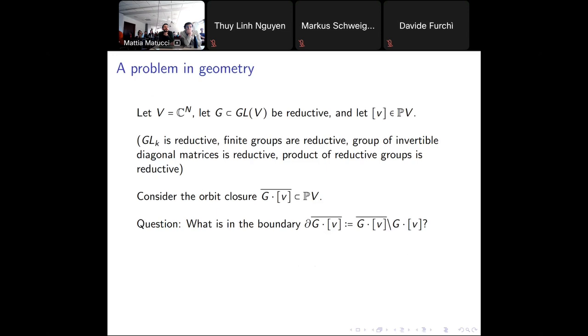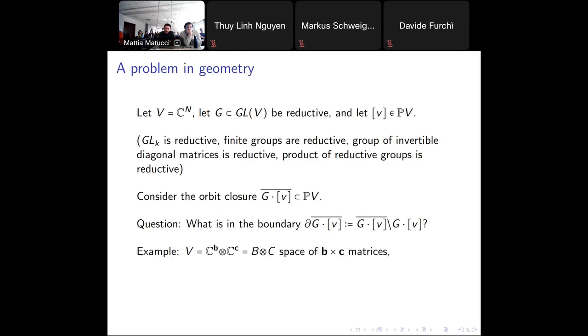But I changed my mind because I was told not to use representation theory. This talk has almost no representation theory other than this slide and the next. So the point is I have an orbit closure, and what's interesting is what goes on the boundary.